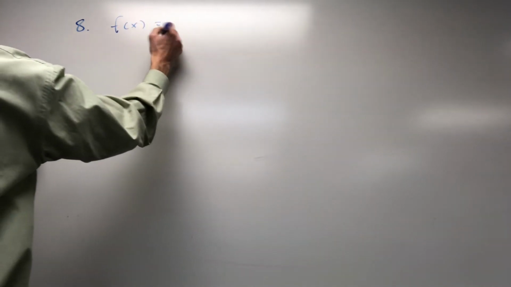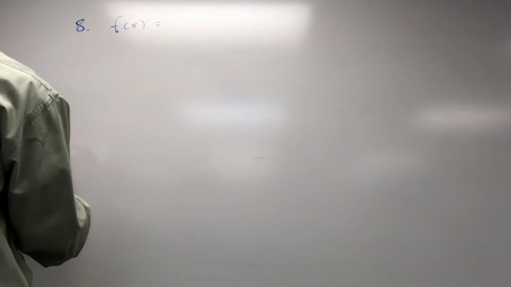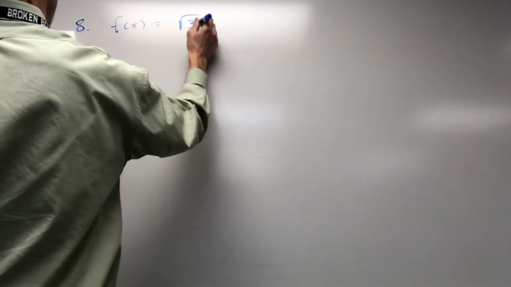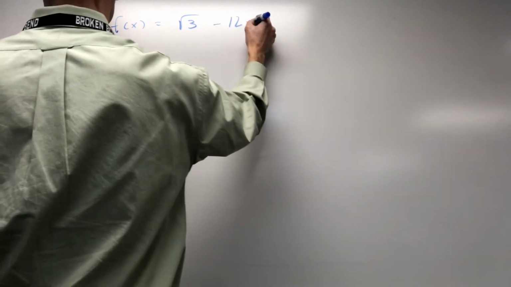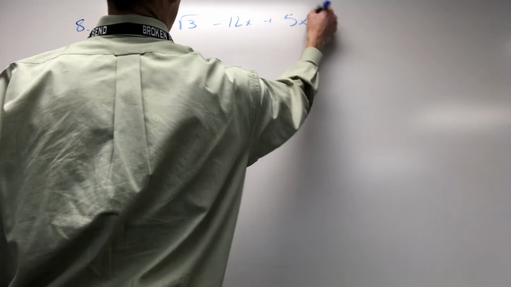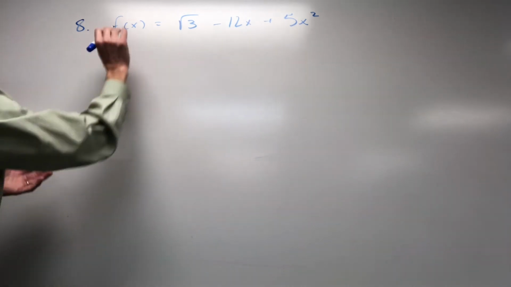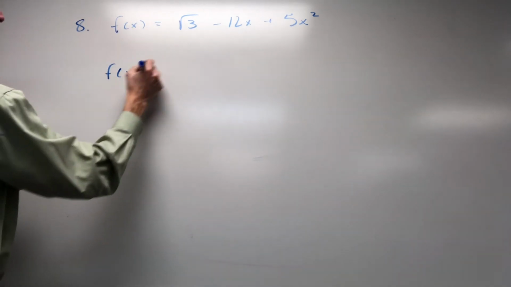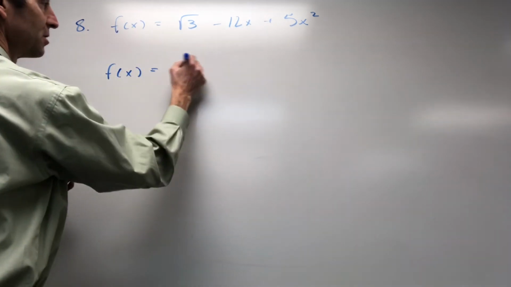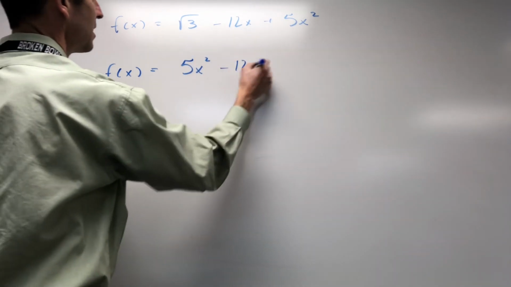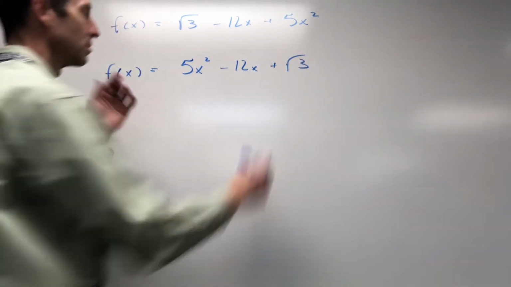What do we got here? Square root of 3 minus 12x plus 5x squared. When you get this problem, you're going to put it in descending order. 5x squared is first, minus 12x plus square root of 3.